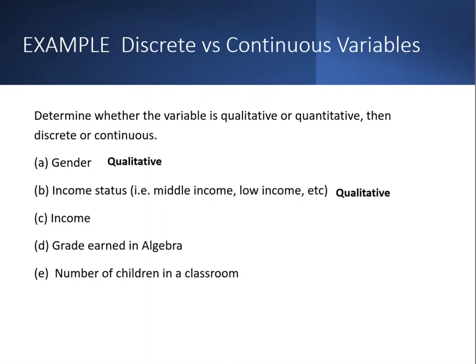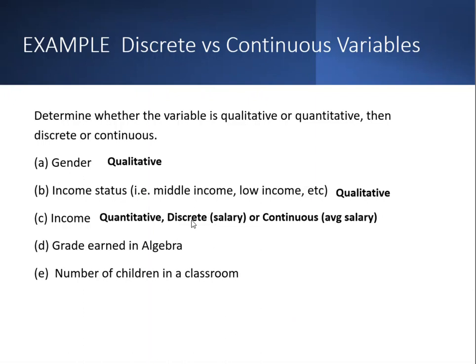Now let's look at income. Income would be, let's say, a measurement that I could have. So we could say income is going to be quantitative. Depending on how we identify the income, we could talk about salary as being discrete.